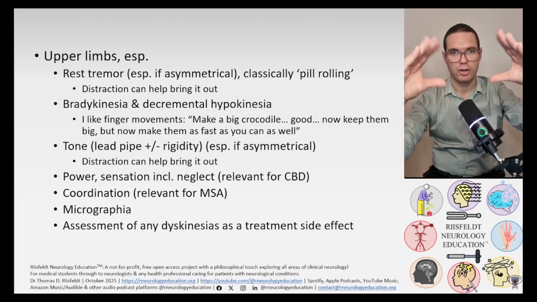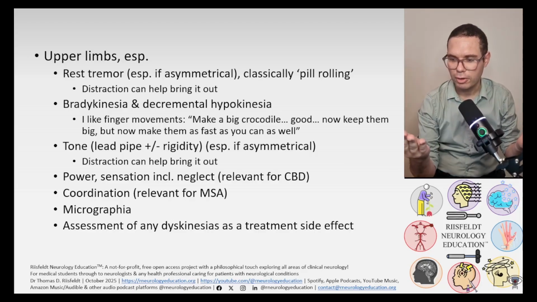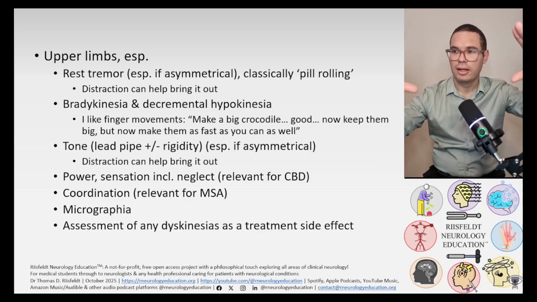So if you're watching on video, you can see it easily. If you're just listening along on podcast, I'll describe it. So again, the second through fifth digits are adducted, and then you're using that as the top of the crocodile mouth, and then your thumb is the bottom of the crocodile mouth, and then you're just flexing and extending the MCPs of the second through fifth fingers repeatedly to make a big opening and closing crocodile mouth.